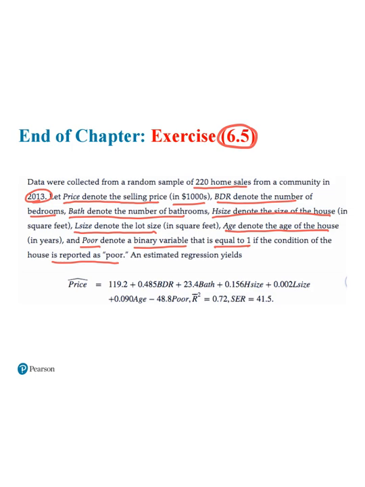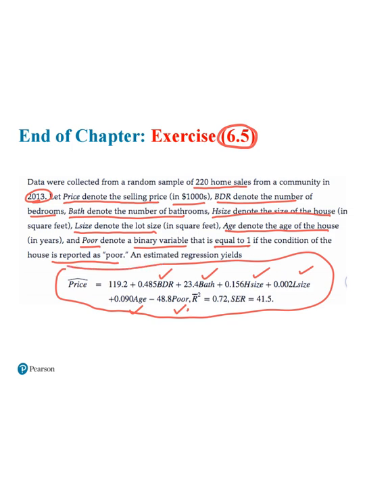Now, including those 1, 2, 3, 4, 5, 6 independent regressors, we then have the estimator regression. All right, so what we want to do in the next slide is we're going to interpret some of these coefficients. We're going to interpret the R squared, and we're going to understand what this model says and what it doesn't say.